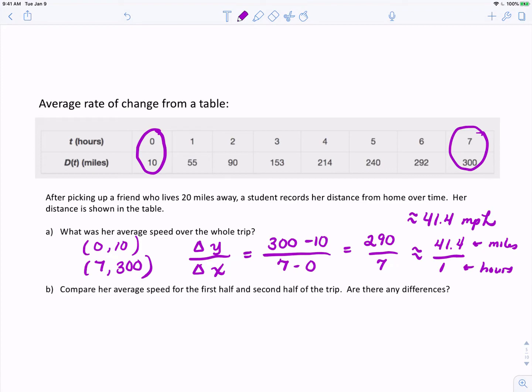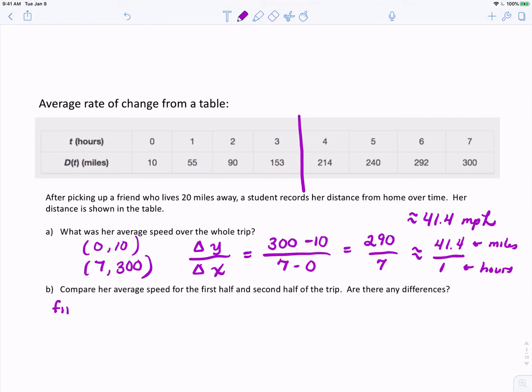Compare her average rate of speed for the first half and the second half of the trip. So now, instead of looking at the whole trip, we're only looking at two parts, the first half and the second half. So if we look at our table, hours 0 through 3 would be the first half, and then hours 4 to 7 would be the second half.